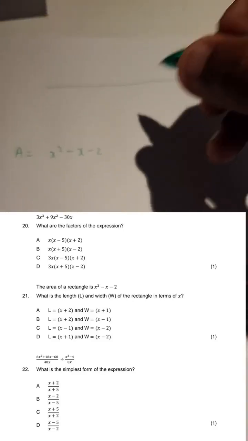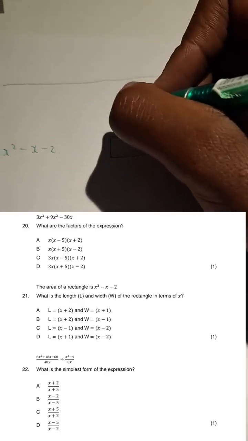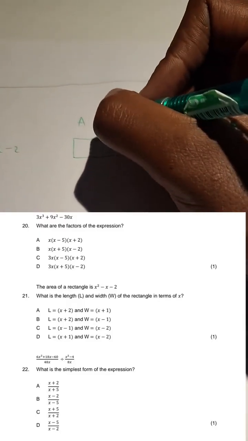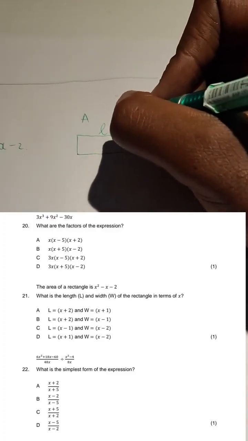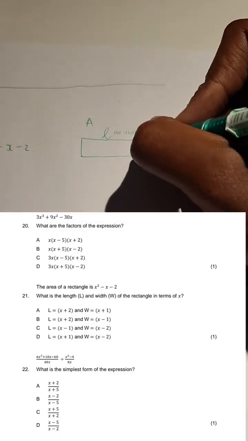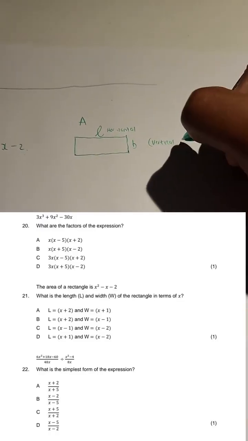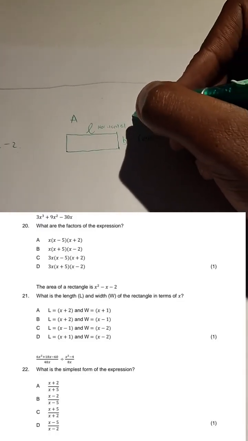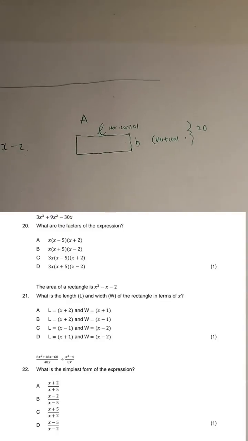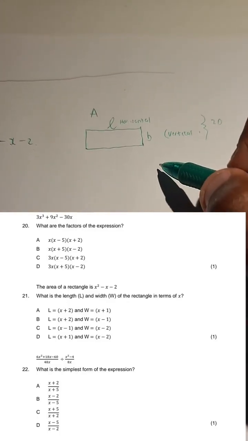Now we know that a rectangle has a length, which is what we call the horizontal dimension. Then it has a breadth, which we can refer to as the vertical dimension. That's why we say a rectangle is two-dimensional, because it has a horizontal dimension and a vertical dimension.